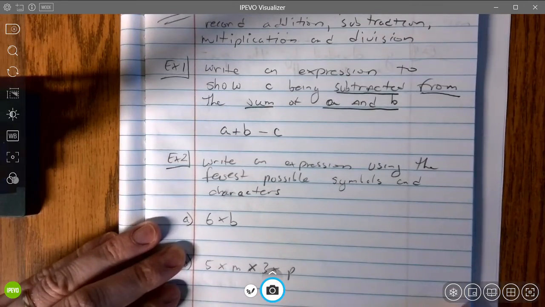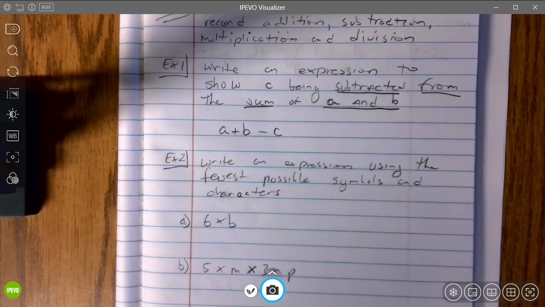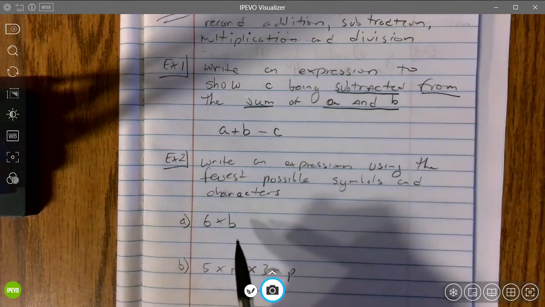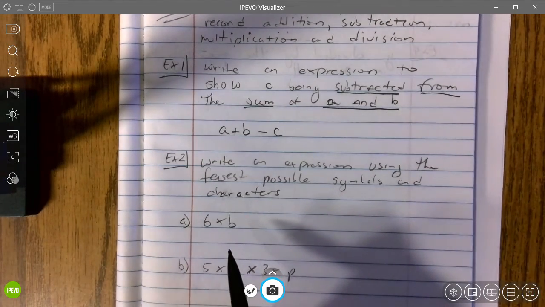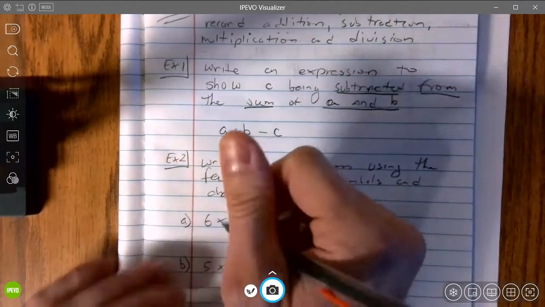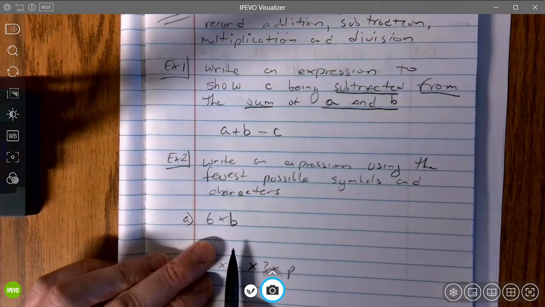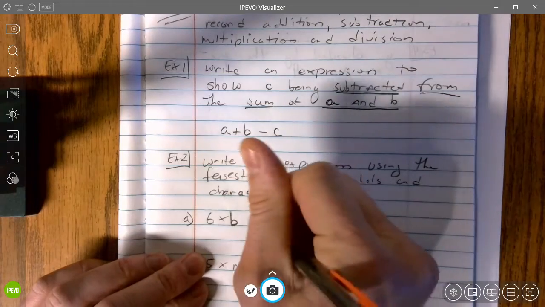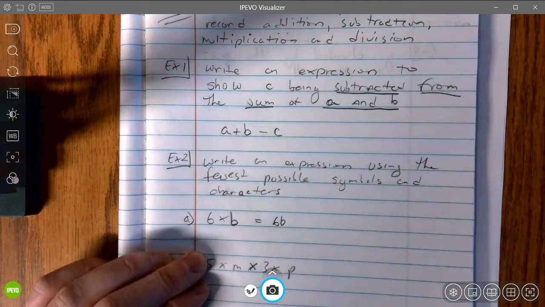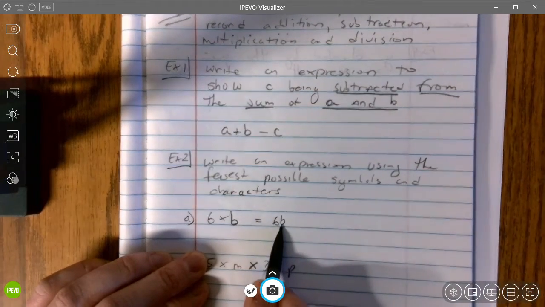All right, example number 2 says write an expression using the fewest possible symbols and characters. So we kind of did a little bit of this before we left on our long break. But if I wanted to write 6 times B, using the fewest possible symbols or characters, I could just write that as 6B. Now I can do this because I have one number and one variable.